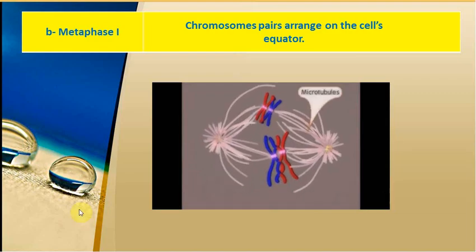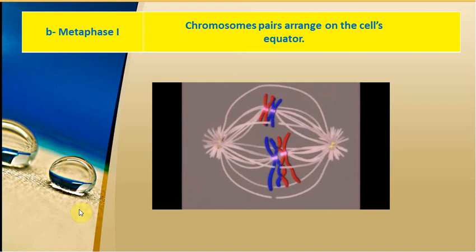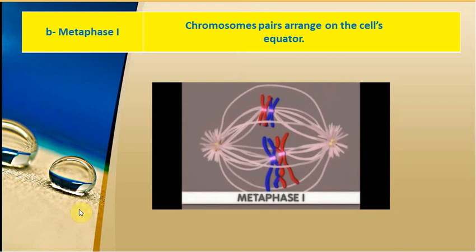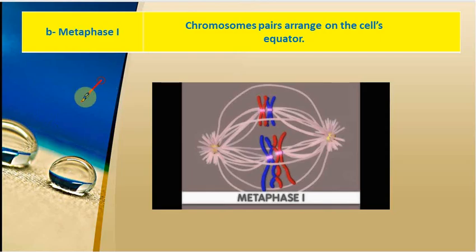In the following video, you will notice that the chromosome pairs are arranged at the equator, not each chromosome on the same line, but in the form of pairs. In the case of metaphase, they are arranged like that. But in the case of metaphase 1, they are arranged in this form.